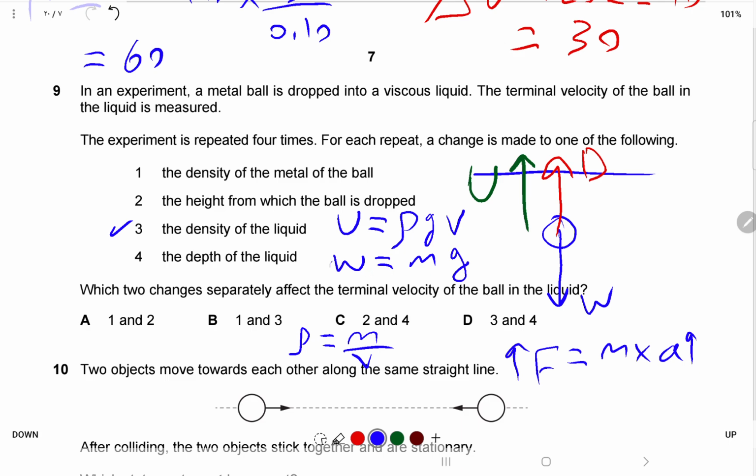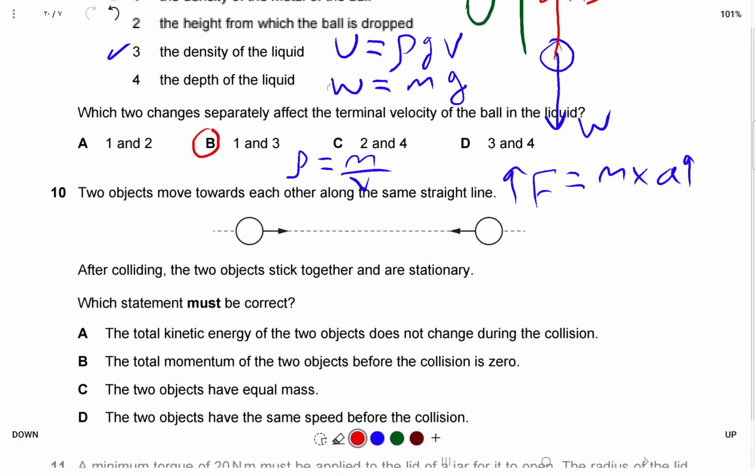So this means the density of the metal is also important here. So then you can choose option B, 1 and 3. The height from which the ball is dropped does not have anything to do with forces here. The depth of the liquid does not have anything to do with forces also here.